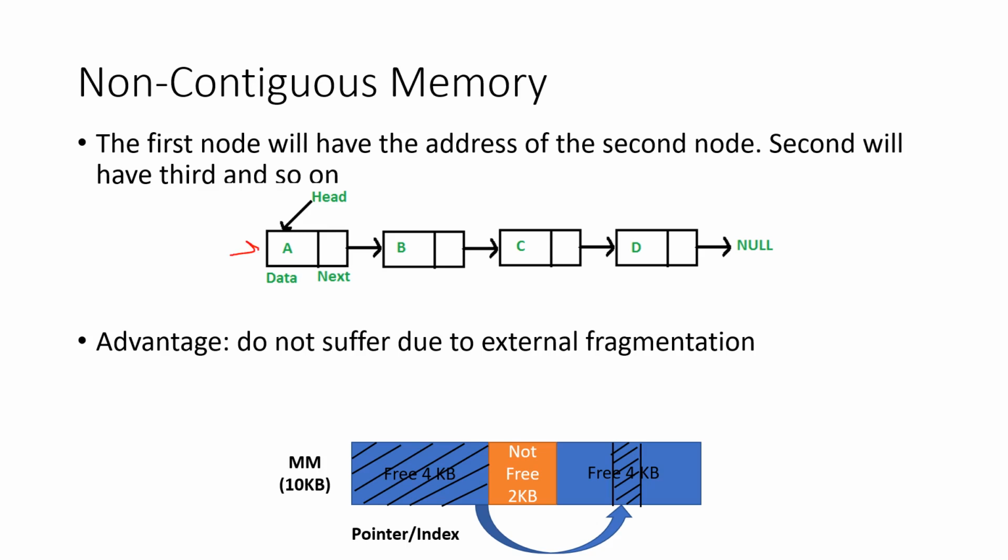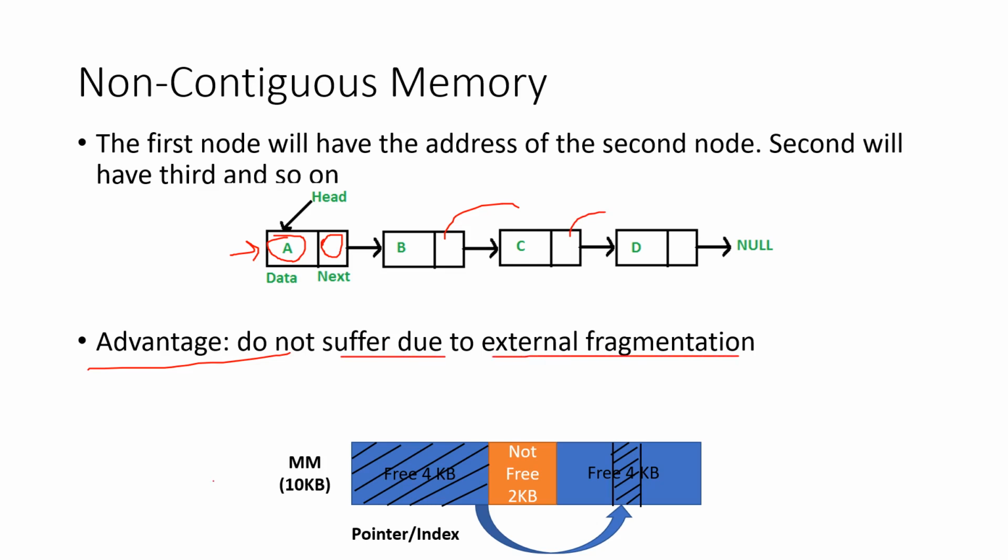So here you can see, this is the first node, suppose, and in the first node we have data and the address of the next node. So each node has the address for the second node, and second will have the address for the third, the third for the fourth, and so on. The advantage is it does not suffer due to external fragmentation.